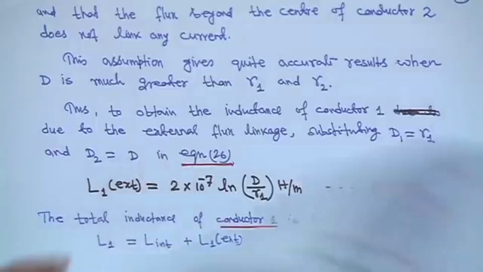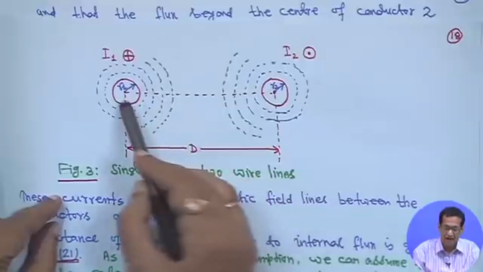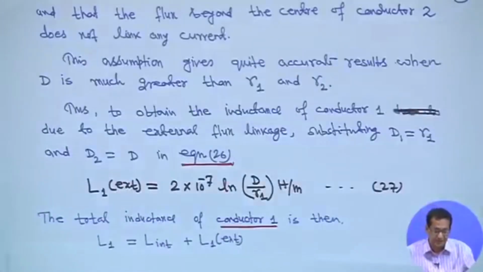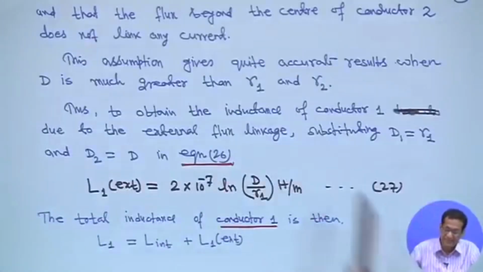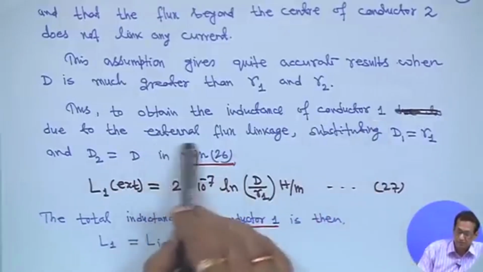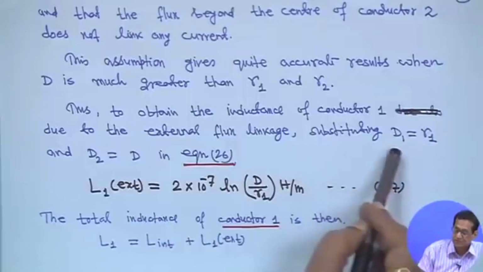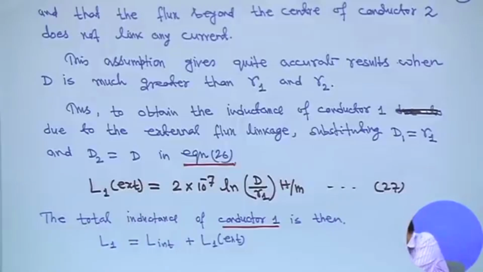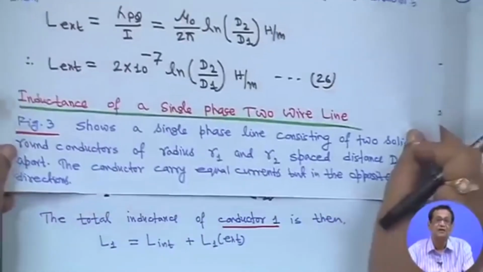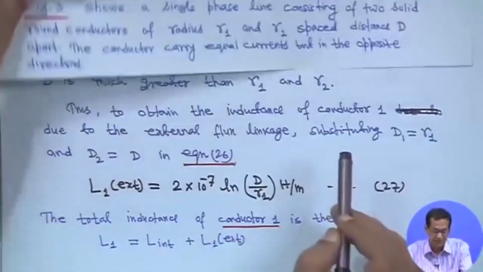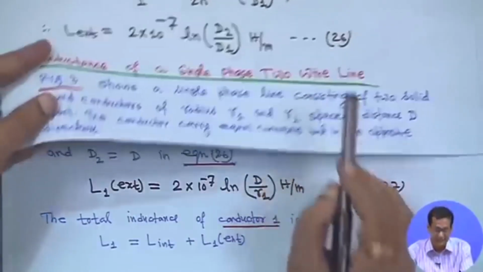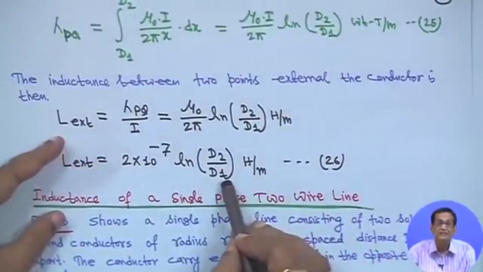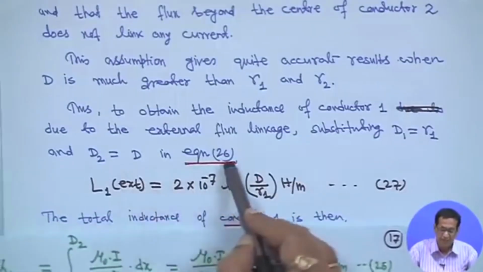That means the distance D is much greater than R1, the radius of this conductor, and R2, the radius of the other. So, to obtain the inductance of conductor 1 due to external flux linkage, we substitute D1 equal to R1 and D2 equal to D in equation 26.